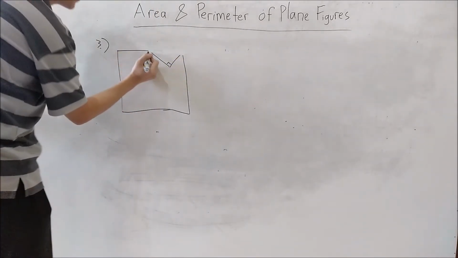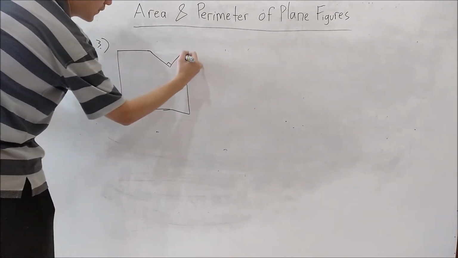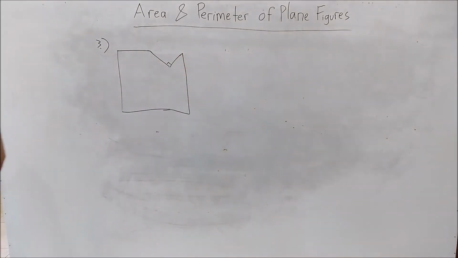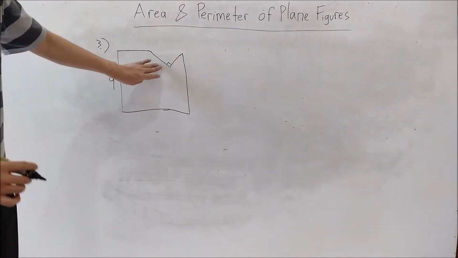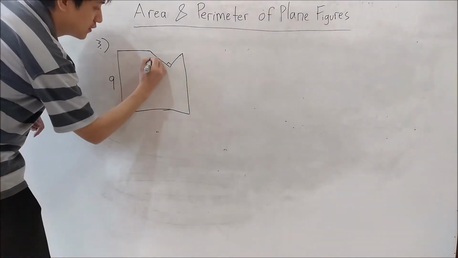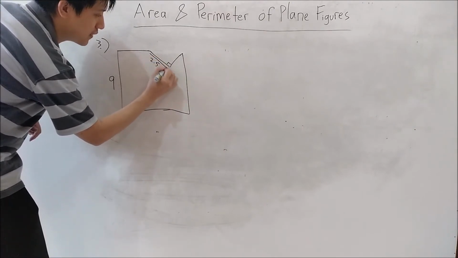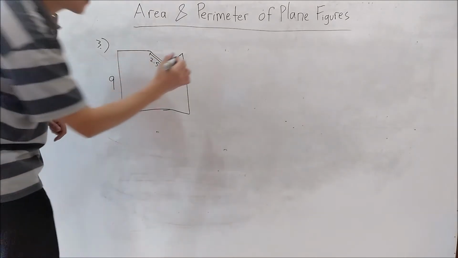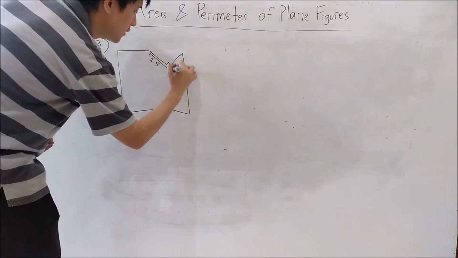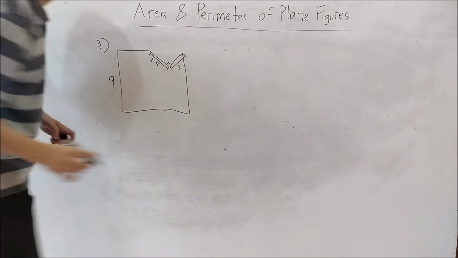Now I have to find the area of the figure. This is 9. And for my triangle here, I had 2.5 from this side. And then I had 3 in this side, 3 meters.